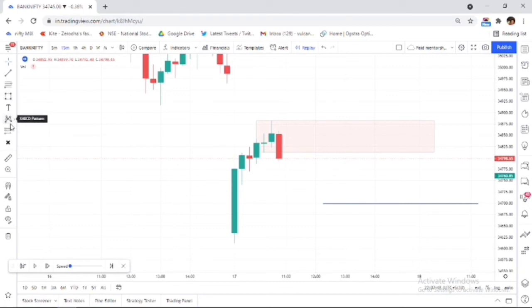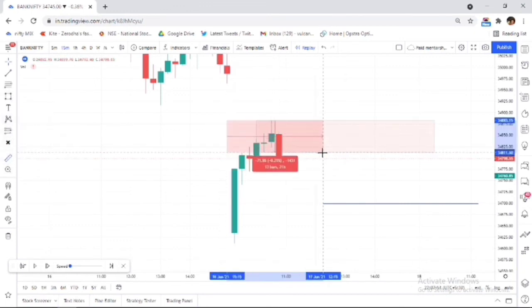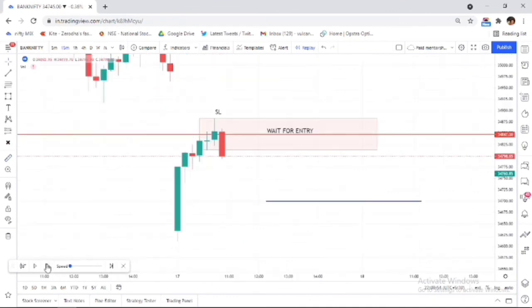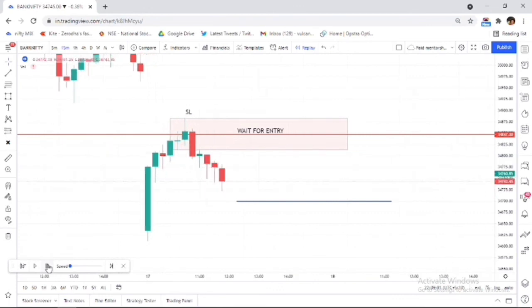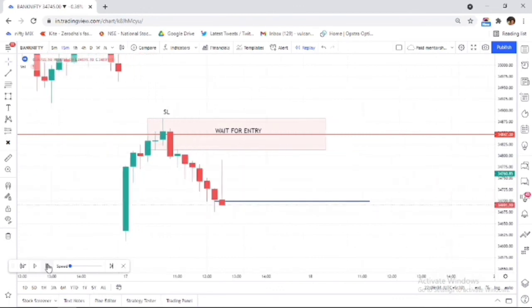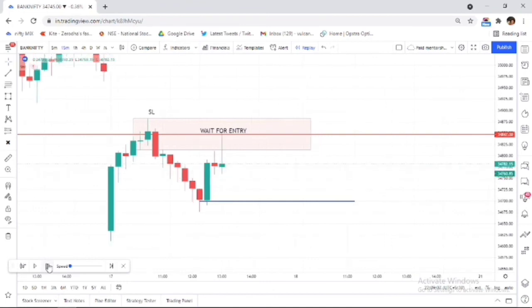So I will measure the box with the scale and divide it by my threshold line. I will wait there, and when the market comes back to my order block, I will short the market.